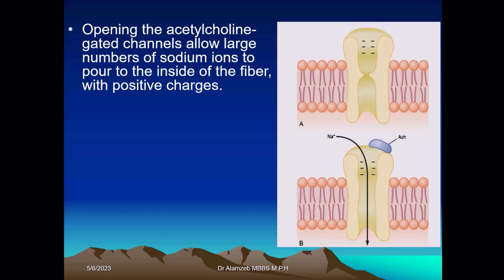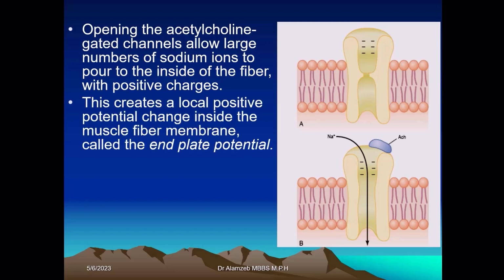Opening the acetylcholine gate channel allows a large number of sodium ions with positive charge to pour to the inside of the fiber. This creates a local positive potential change inside the muscle fiber membrane called the end plate potential.